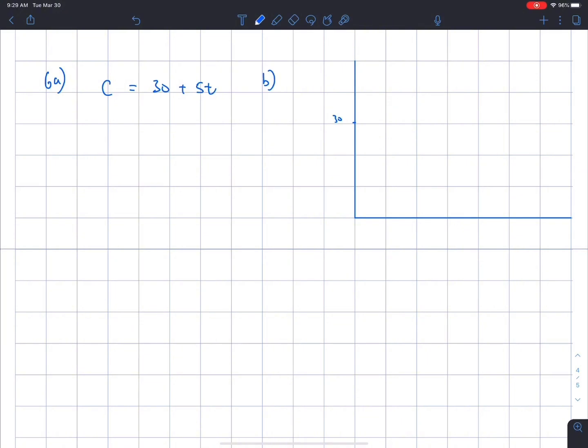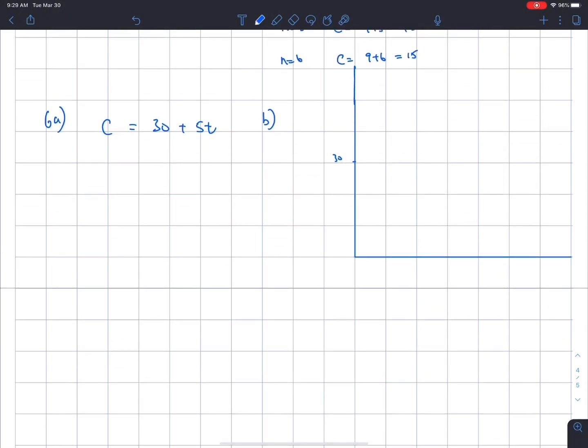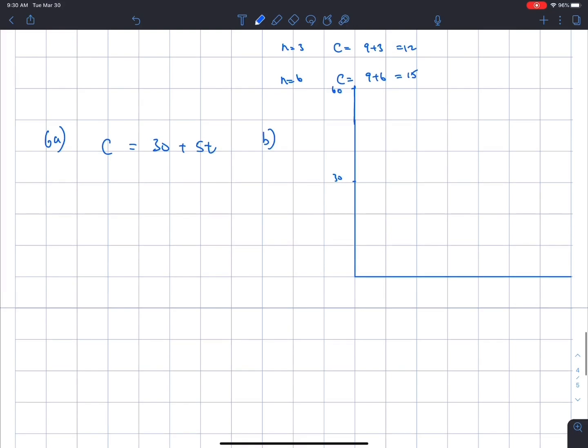Just need to make a table. I have T and C. So 0, 3, 6. When T equals 0, C equals 30 plus 5 times 0.